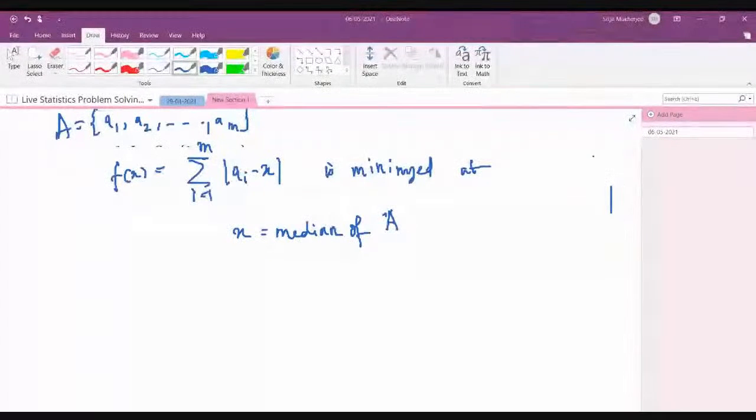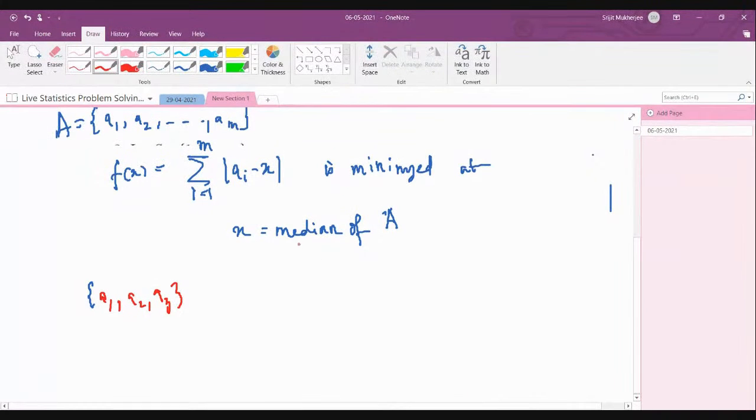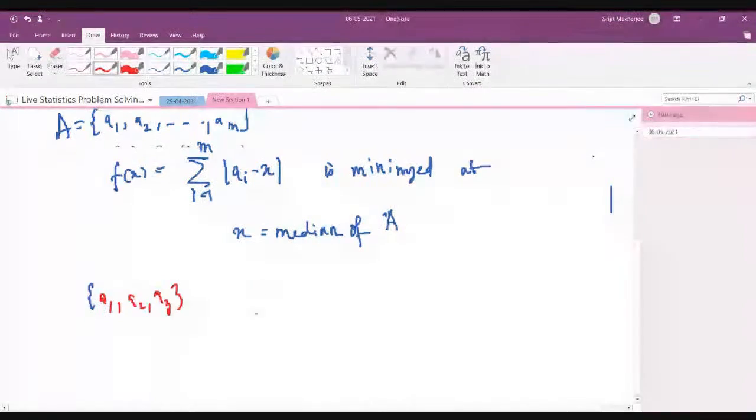So let's try to understand. Let's try to do it for 3 numbers, guys. Instead of 2 numbers, let's do it for 3 numbers: A1, A2, A3. So understand this very carefully.